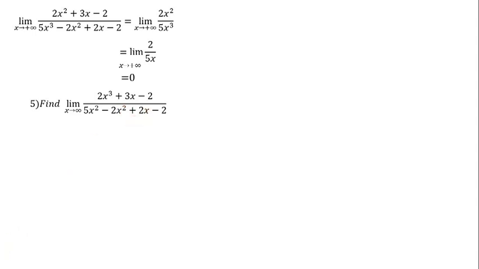Now, when we are to solve that, we use the same approach. What's the term with the highest power? It is 2x cubed. Okay, I just corrected it: this should read 2x plus 2.